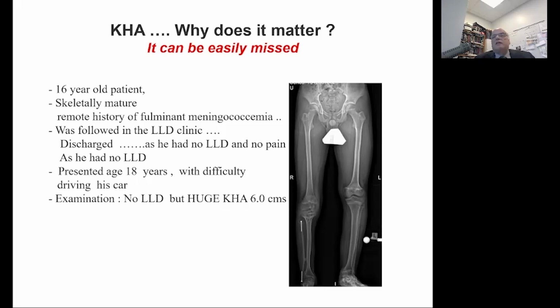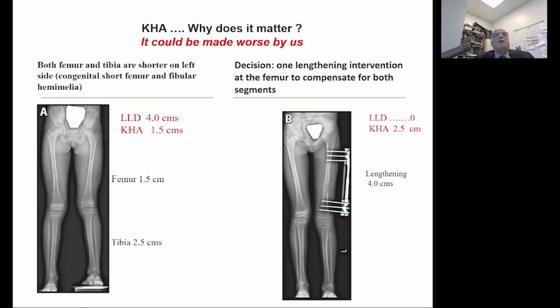He presented again at the age of 18 years with difficulty driving his car. On closer examination, if you look at the X-ray, you can see that yes, there is no LLD and the pelvis is level. However, there is a huge knee height asymmetry of about 6 centimeters. The left femur is shorter and the right tibia is shorter. So again, it can be easily missed if you are not aware of this.